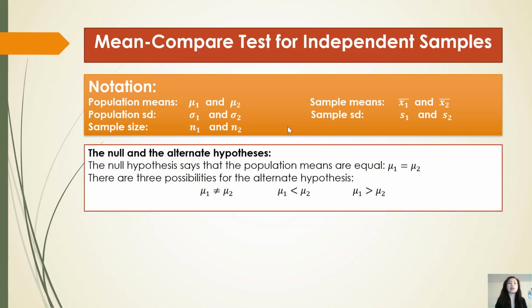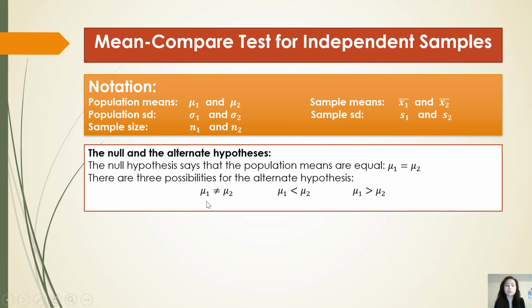Before you do any hypothesis testing, you have to define the null and the alternate hypothesis. The null hypothesis says that the population means are equal. That means mu1 is equal to mu2. And there are three possibilities for the alternate hypothesis. It's similar to the hypothesis testing in topic 8. So here we also have two tail, left tail, and right tail.